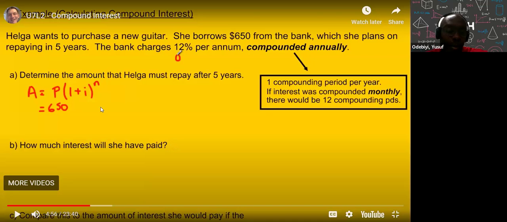So I want to fast forward through this so you can see the calculation. Our interest is 12%, so it's going to be 1 plus 0.12, which gives you 1.12. And because we're compounding yearly, my n is going to equal 5.